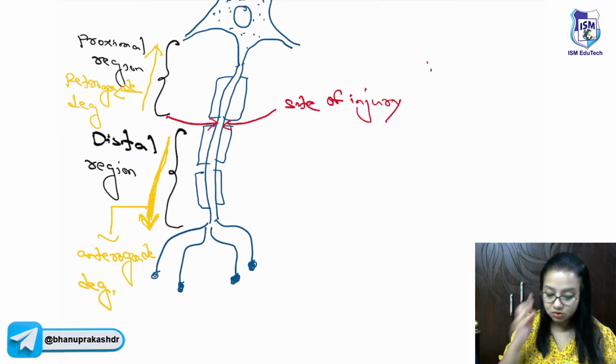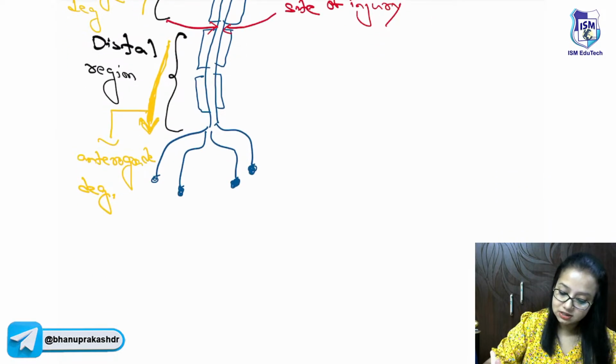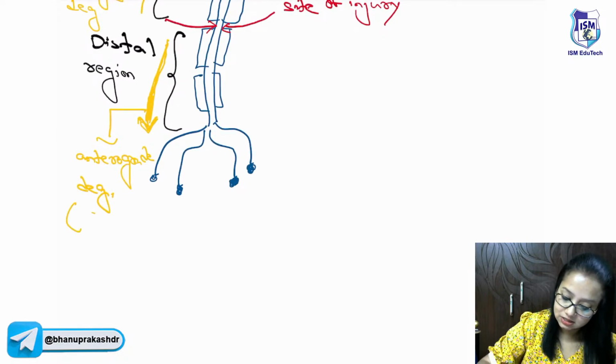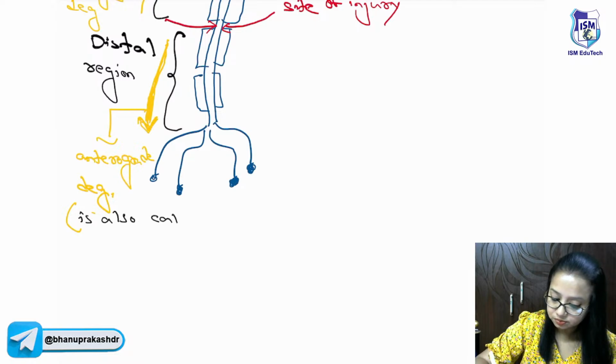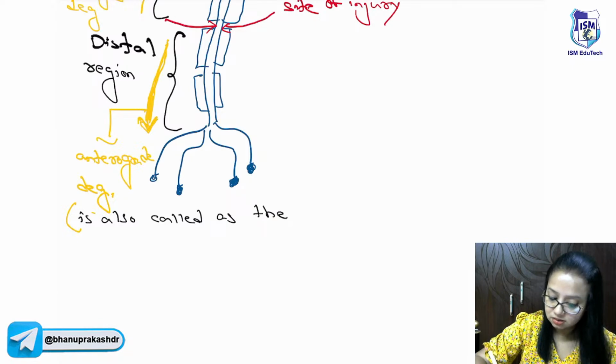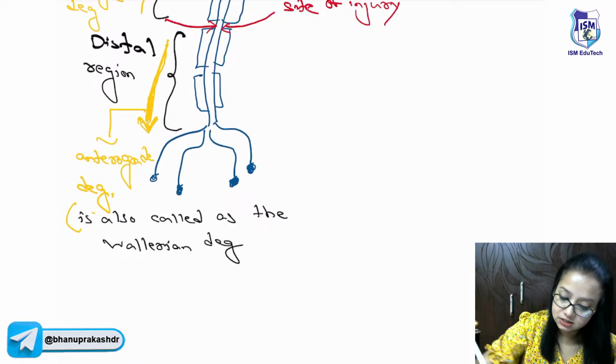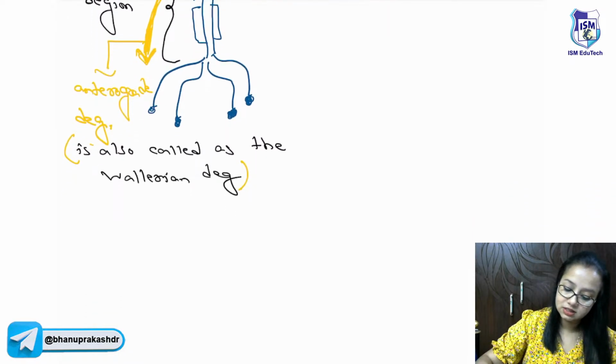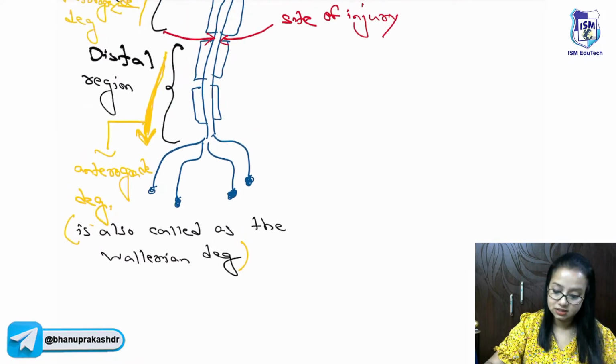Okay. Now this anterograde degeneration is also called the Wallerian degeneration. This anterograde degeneration is called the Wallerian degeneration.